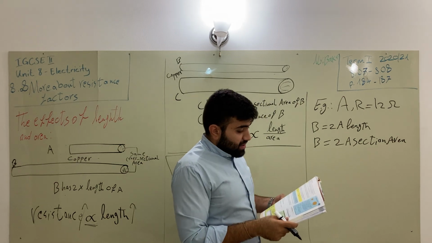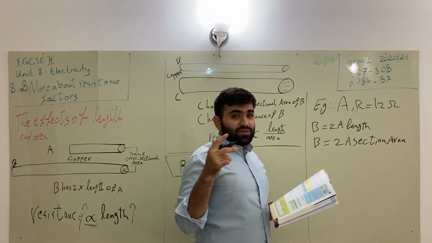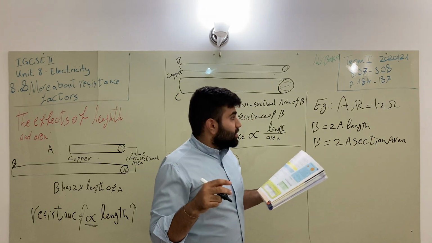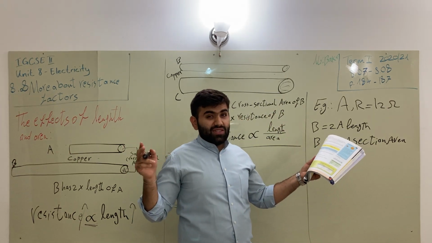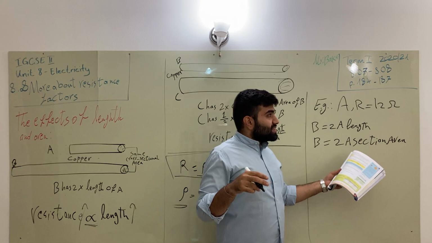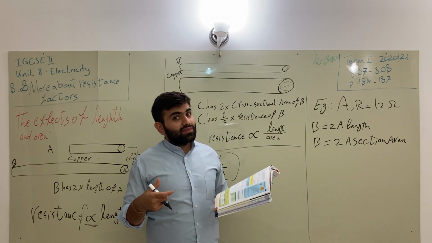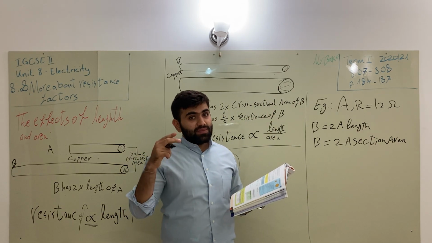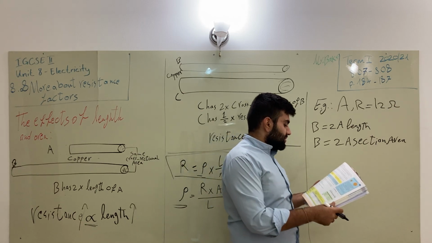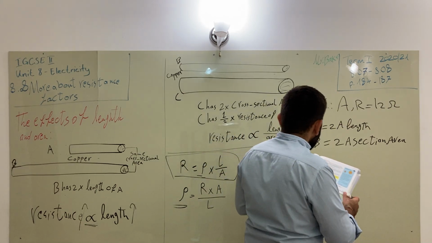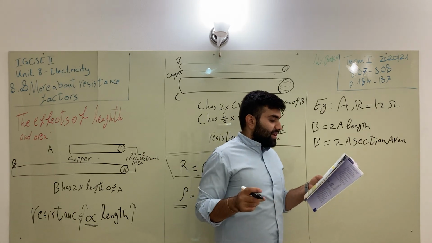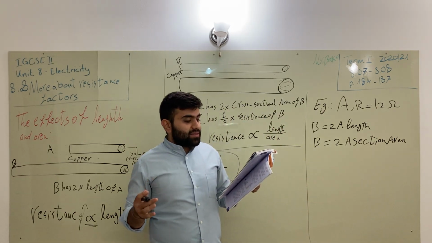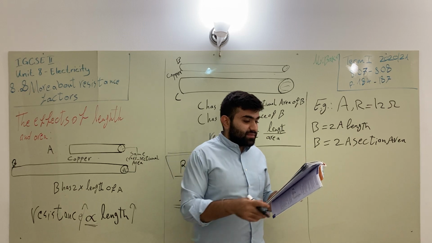Now we have two things we have to focus on. First, double the length means double resistance, right? But the larger section area means it's wider, so that means less resistance. So let's continue. As wire B has twice the diameter of A, it has 4 times the cross-sectional area.